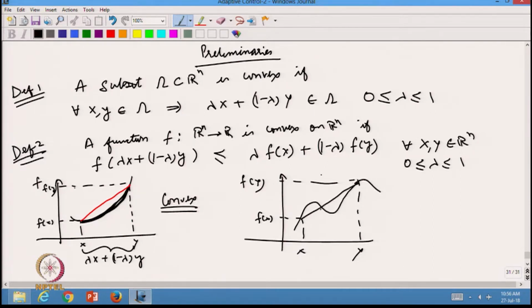So this line, of course, is not greater than equal to this curve here, right? Because there is a portion which is greater than this line. So this is a non-convex function.